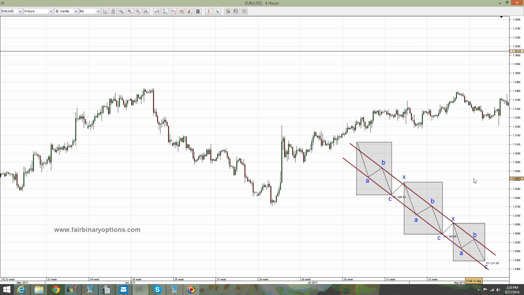here, on a move to the downside, every time the upper side of the channel needs to be sold, or you need to buy put options on it, because corrections in a zigzag or a double zigzag or a triple zigzag are almost the same.